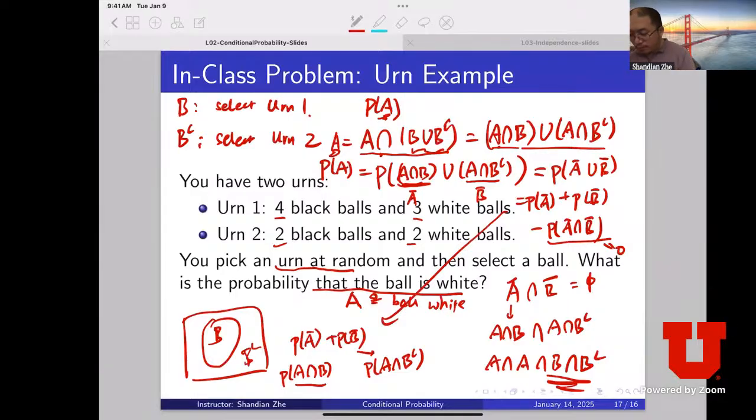So this probability is the probability you select N1, which is half, times the probability that, given you select N1, you select a white ball, which is 3/7. Because N1 has 7 balls in total, and you got 3 white balls. So you have a chance of 3/7 to select a white ball, right?